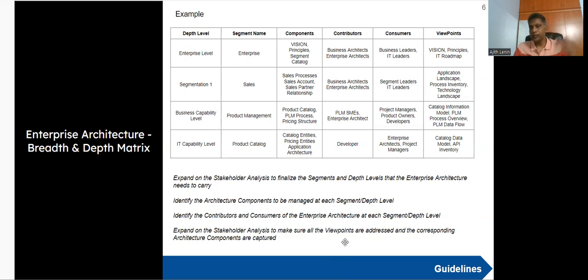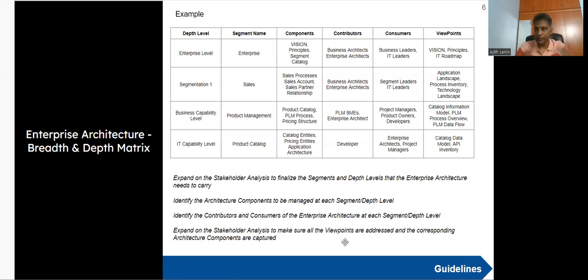This is a continuation of the stakeholder analysis we did for the usage layer. We can expand on it and finalize exactly how we are going to break it down across the segments, or breadth, and also how many levels we are going in at a depth perspective.